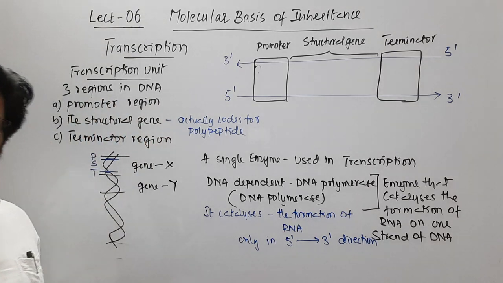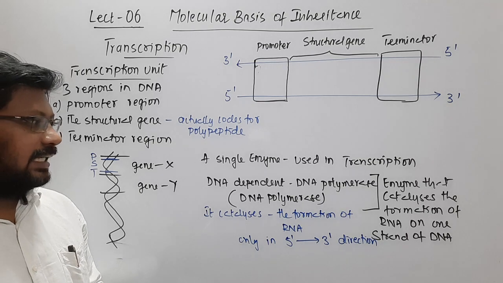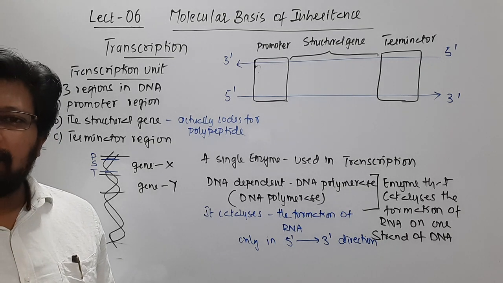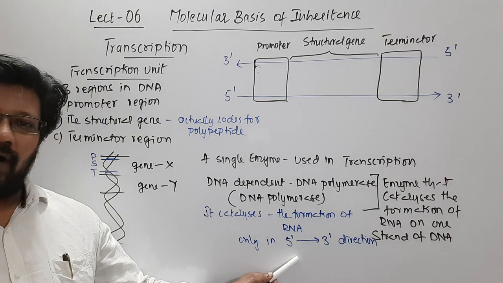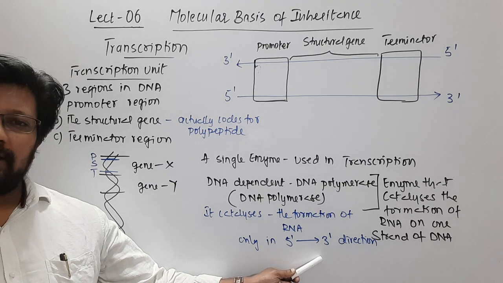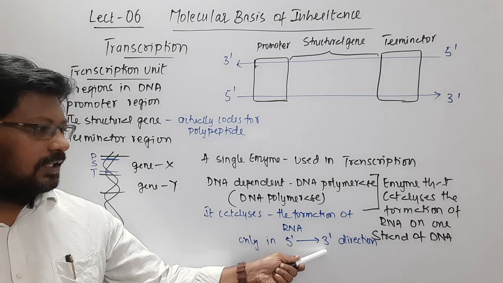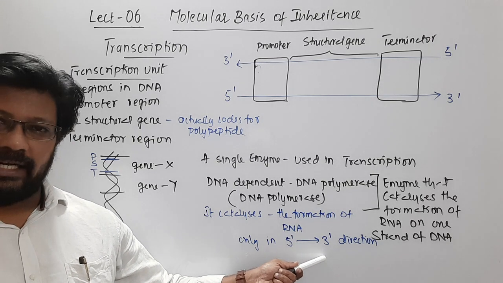Okay, so earlier, when we saw DNA replication, the DNA dependent DNA polymerase also forms a new strand of DNA in this direction only, that is 5' to 3', meaning it adds new nucleotides on the 3' end, that will be the 3' OH end.